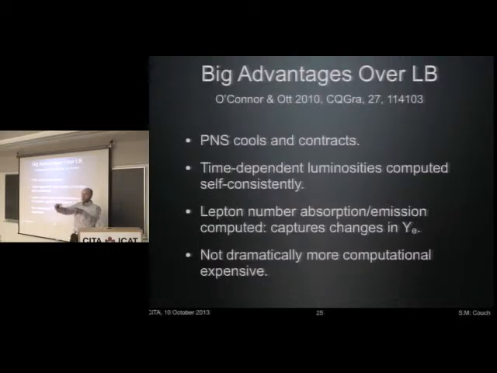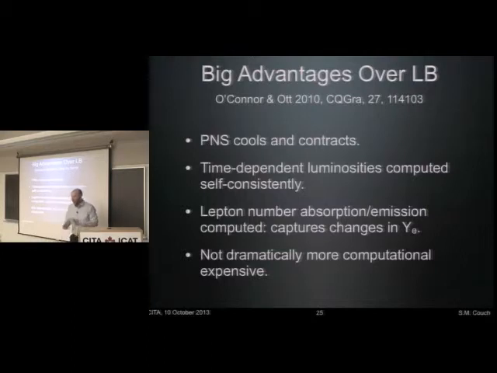Important advantages over the light bulb scheme: the protoneutron star can actually cool and contract in a more realistic fashion, whereas in the light bulb, because of this high density cutoff, the neutron star doesn't cool and it doesn't contract. It just sits there like a big adiabatic ball, which is not what happens in realistic calculations.